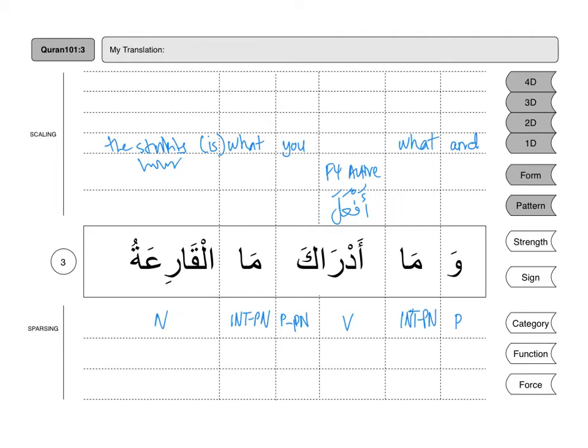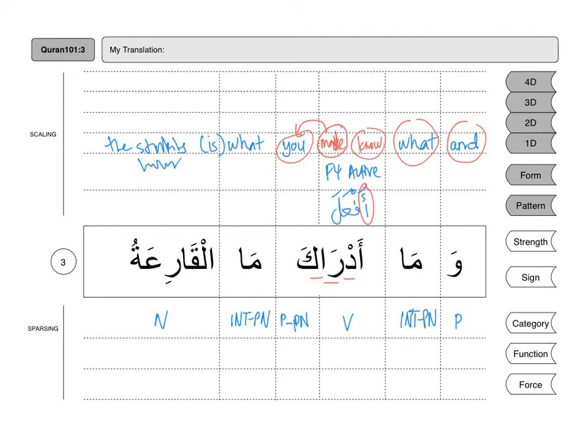The hamza here means "make", or in this case, because it's past tense, "made". So "what made", or you can also translate "what makes", based on universal tense. So what makes you. Dal ra ya means "know", like ain lam mim. So the way you translate it is: and what makes or made you know.